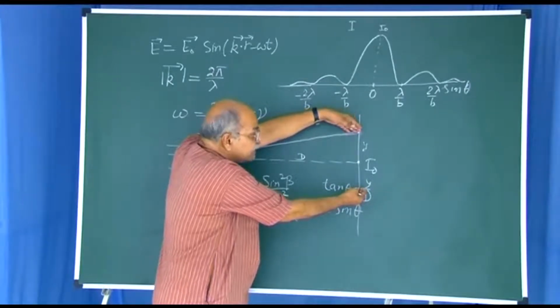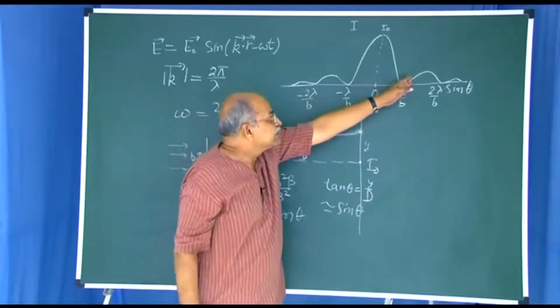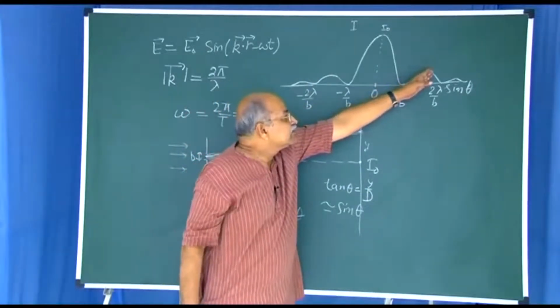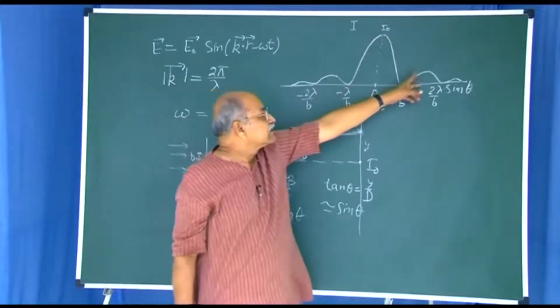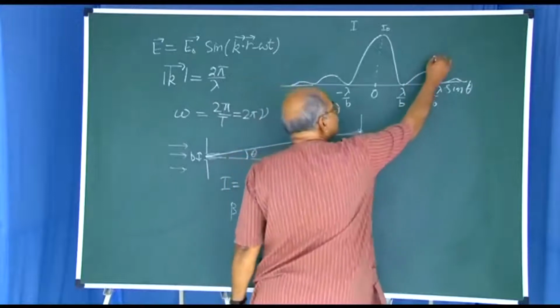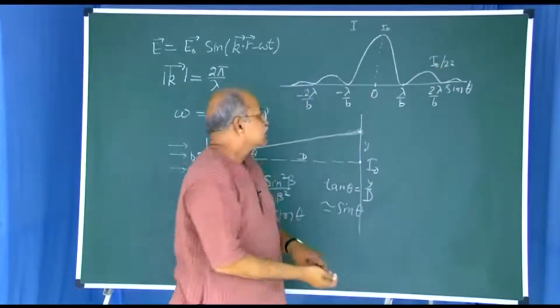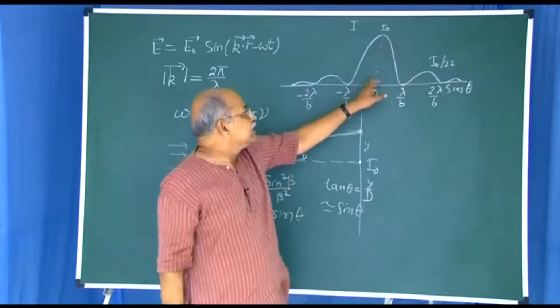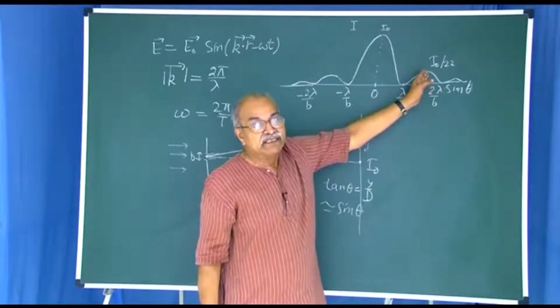After that, again it should increase according to this figure. Again the intensity increases and becomes a maximum, of course not that strong a maximum. It is I naught here, and this is almost I naught by 22 or so. So this intensity is small compared to the intensity here. Nevertheless, in its own neighborhood, this is a maximum.